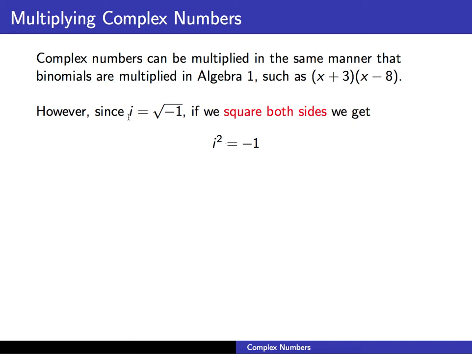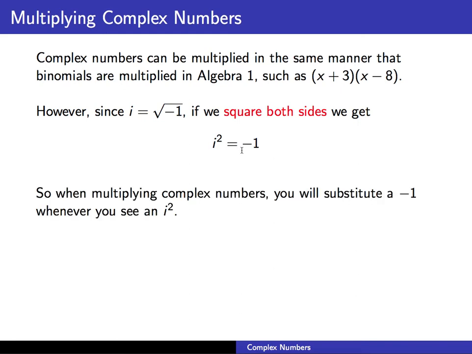If we square both sides of this equation, i equals the square root of negative 1, we get the relationship that i squared equals negative 1. Squaring the square root of negative 1 gives us negative 1, and squaring i gives us i squared. So anytime we see an i squared in our multiplication, we're going to substitute a negative 1. Our final answers should not have an i squared in them.